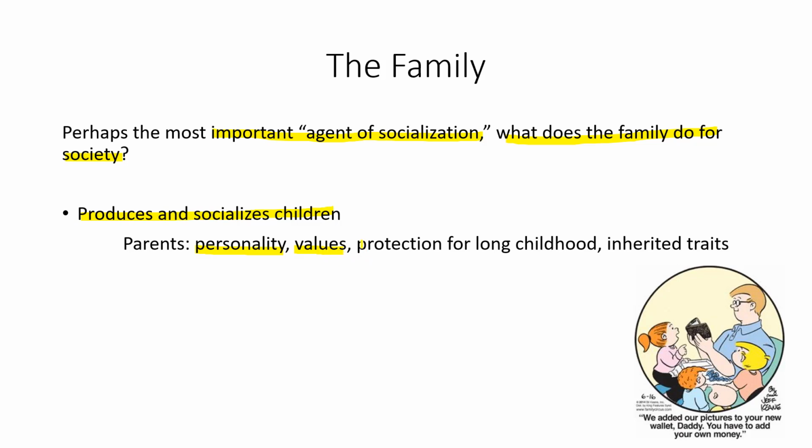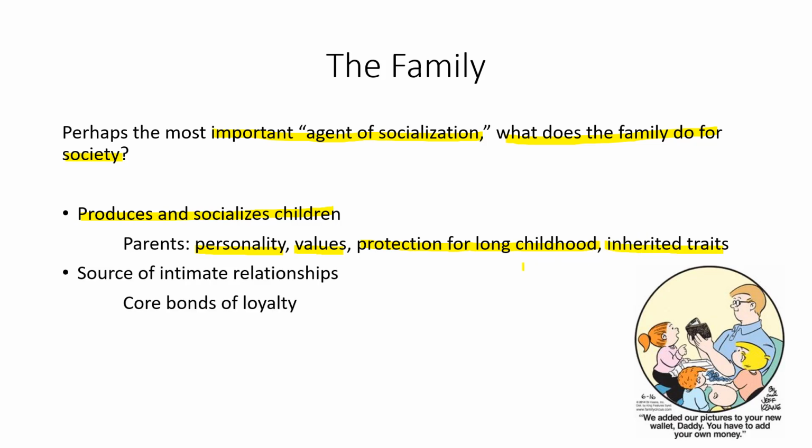Your values, your protection that's required for our long childhood. Humans have the longest childhood of any species on Earth, and that's so that our brains can grow and that we can learn, and the family provides that protection for us to mature as children. And then, of course, the inherited traits that we get from our parents as well.